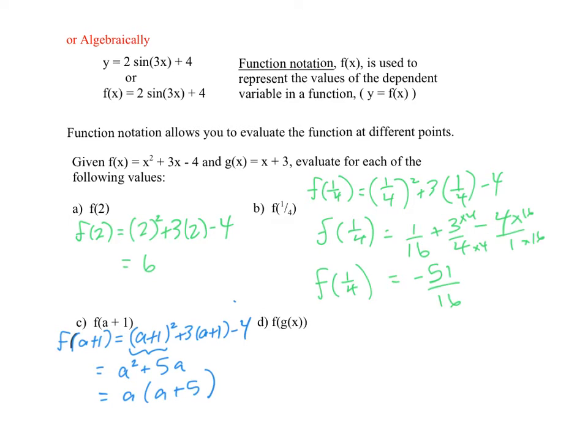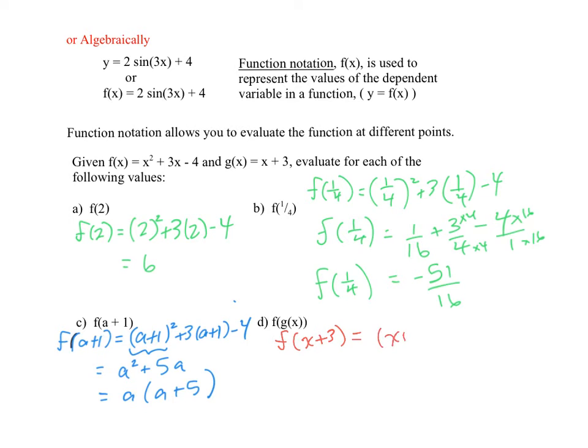Okay, and the last one like this is f at g at x. So what we want to think about here is g at x is the input value. So we're going to take g at x, so we're going to take x plus 3, and we're going to sub it into f at x. So let's do that. We're going to do f at, and then our g at x function is x plus 3.